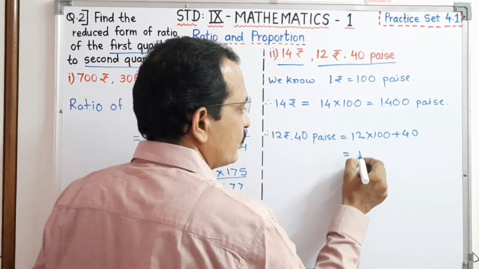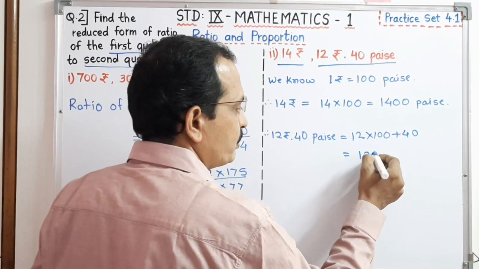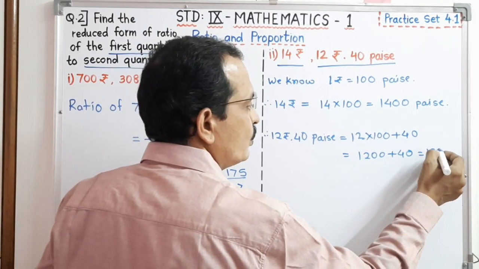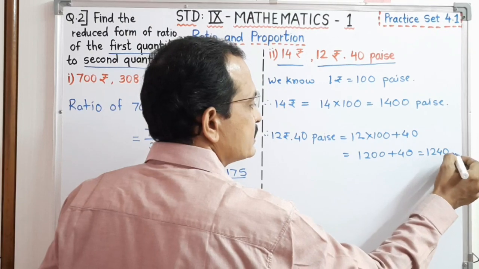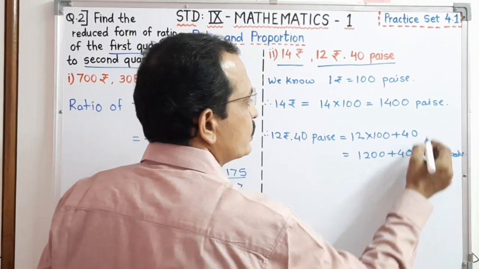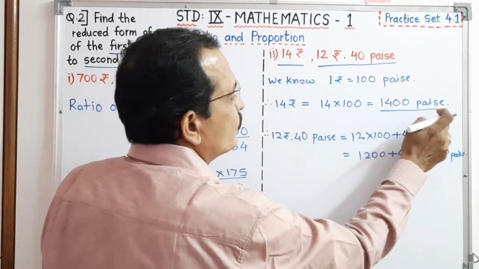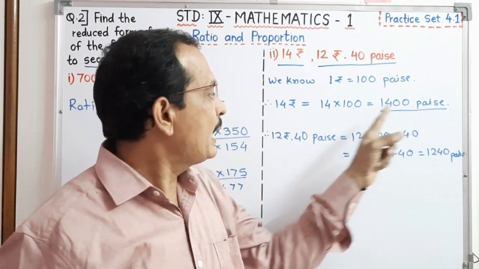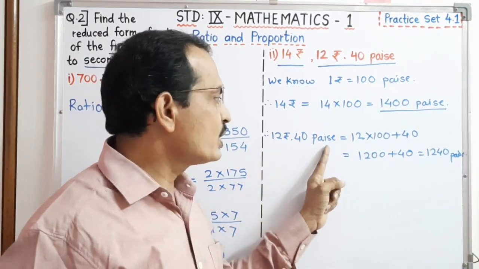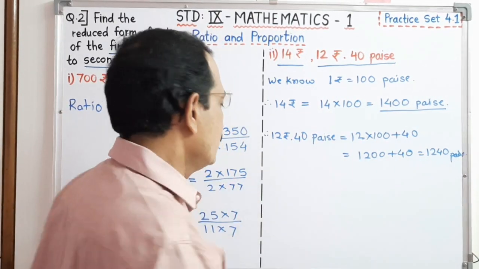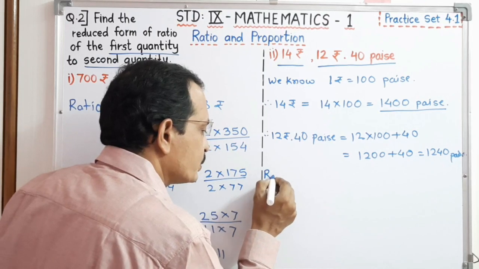Then we got here 1200 plus 40, it is 1240 paise. Now dear student, we got here 14 rupees as 1400 paise and 12 rupees 40 paise means 1240 paise. Now we have to write the ratio.